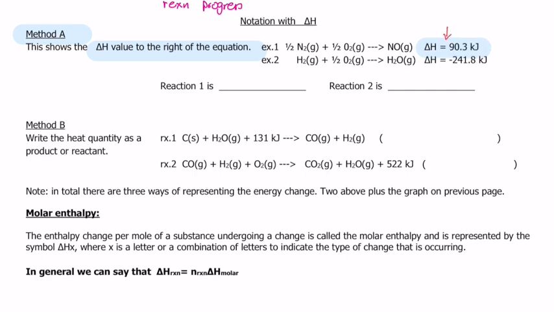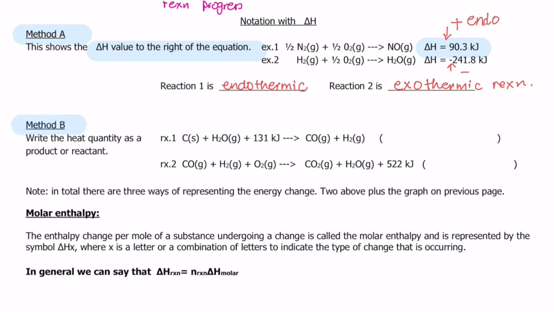Now again, look at this. Because no sign is written here, there is an implicit positive sign, and if something is positive, it means energy is entering this system. So this is an endothermic reaction. And when the sign is negative, this means energy is exiting this system. So this is an exothermic reaction.